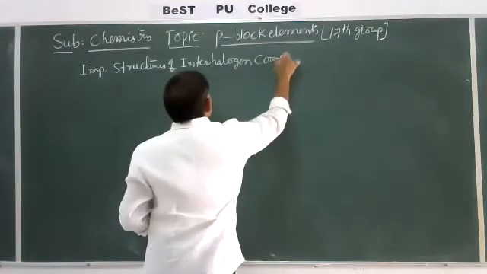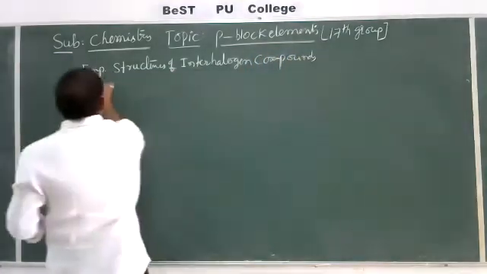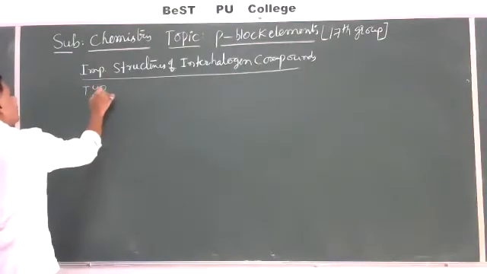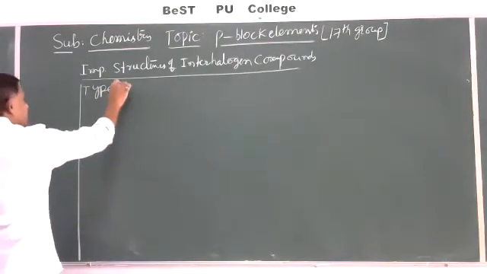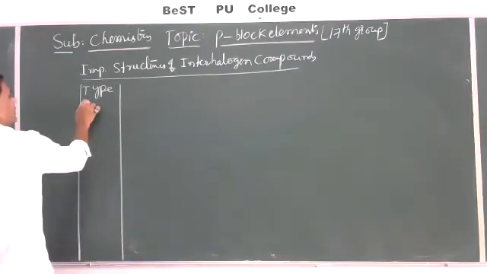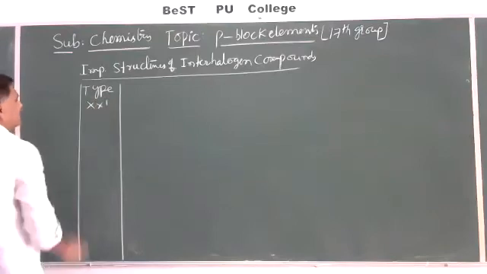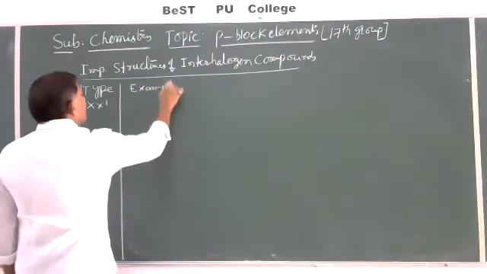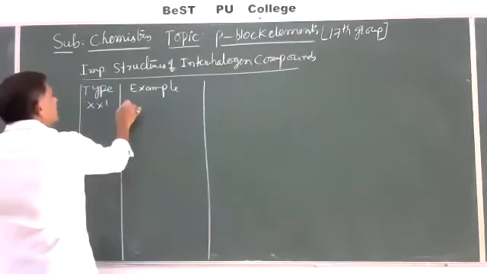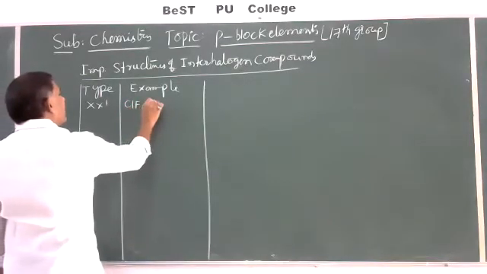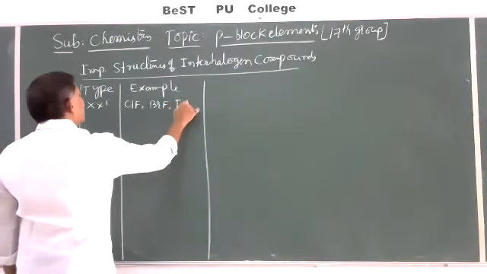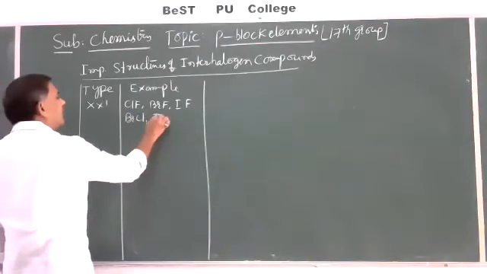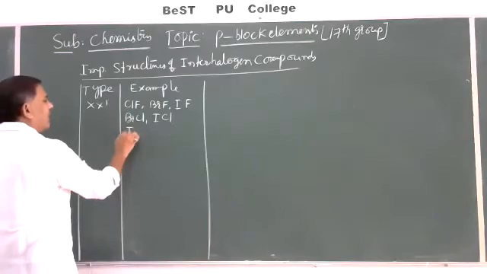For example, one important type is the XX' type. The examples are ClF, BrF, IF, and also we can take BrCl, ICl, and IBr.